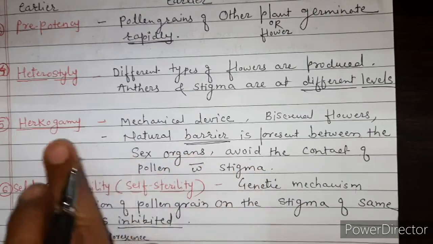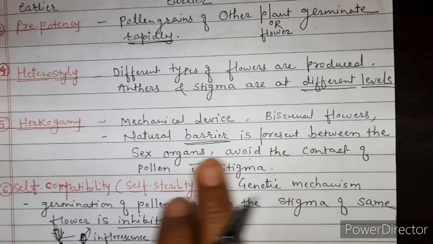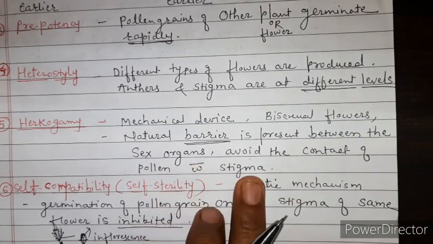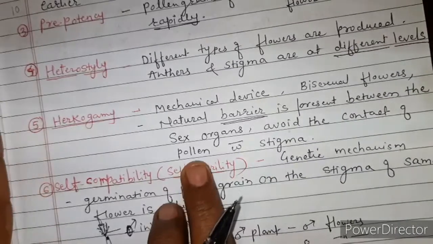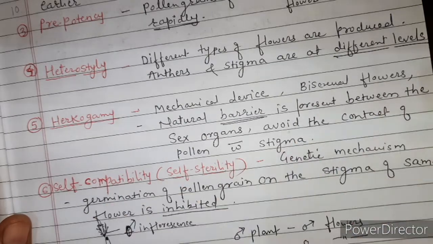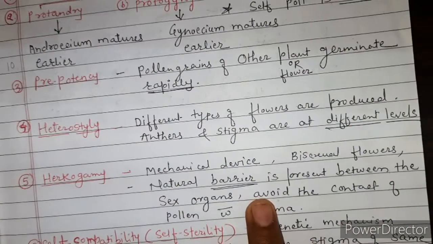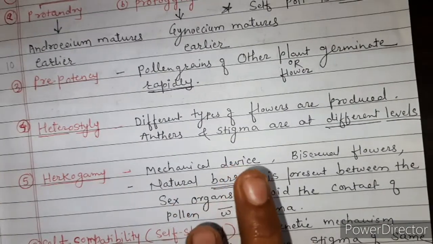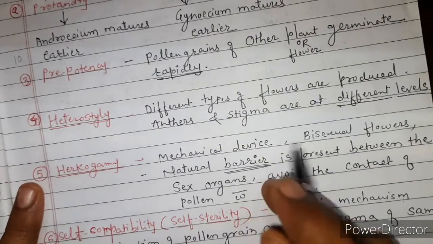This condition avoids the contact of pollen grains with the stigma, though the flower is bisexual, and that's why the pollen grains of other, different plants are transferred to the stigma, and thus cross pollination takes place and self pollination is avoided due to this barrier. तो अडथळा त्या ठिकाणी असल्यामुळे.